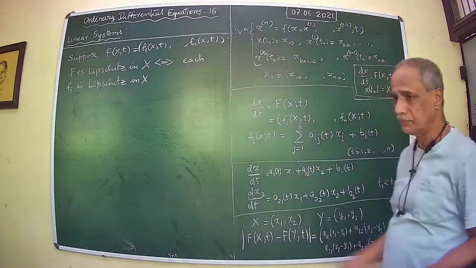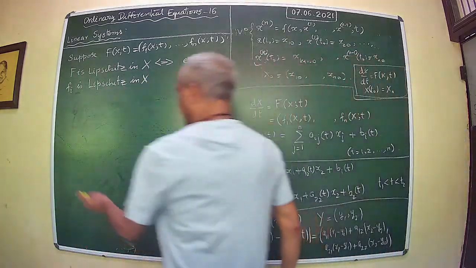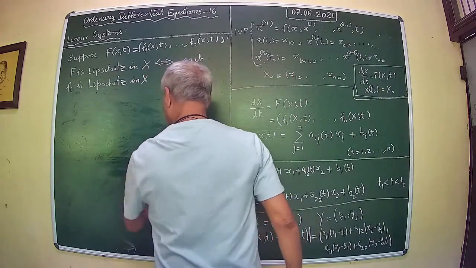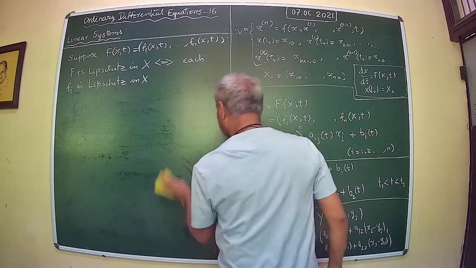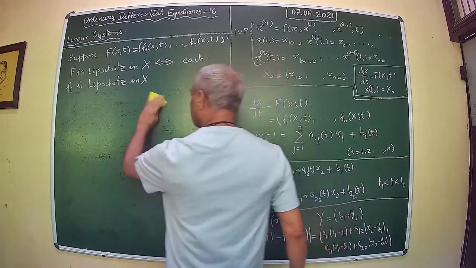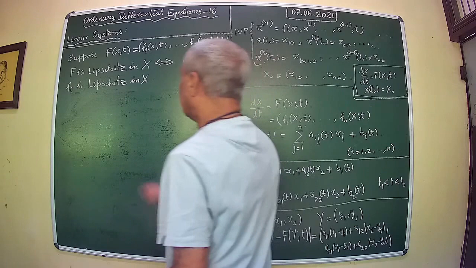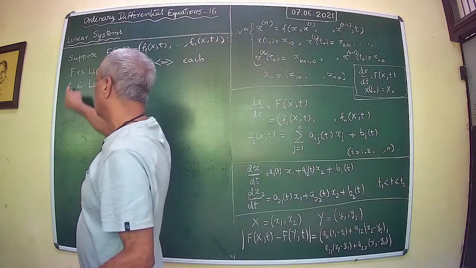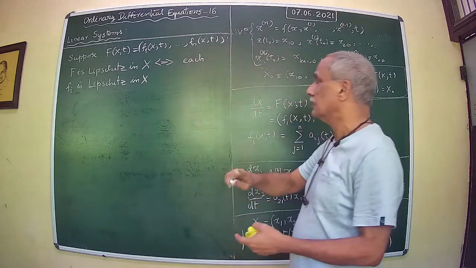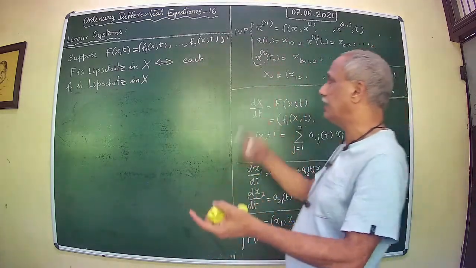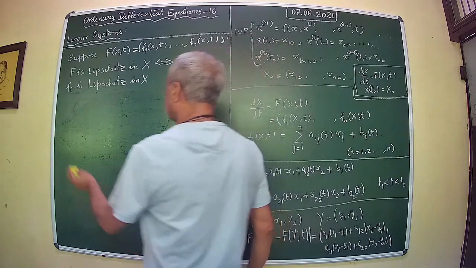This we have shown already, in the early part when we introduced the notation. Therefore, now you see that this is a vector valued function, this is a scalar valued function. So what you demand is that all the Fi's are Lipschitz in x.